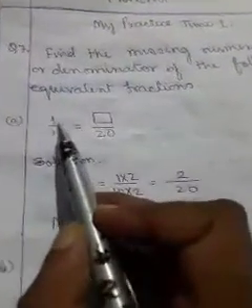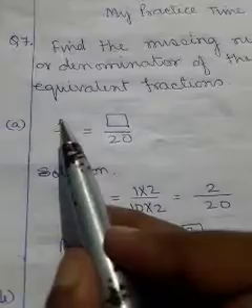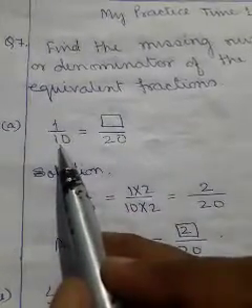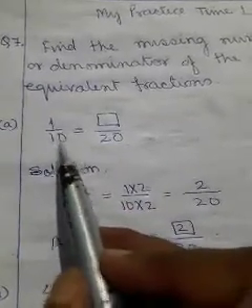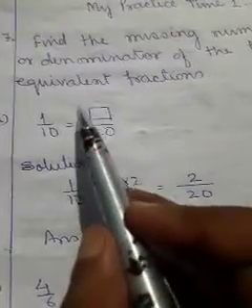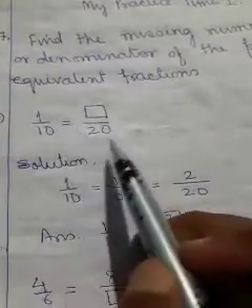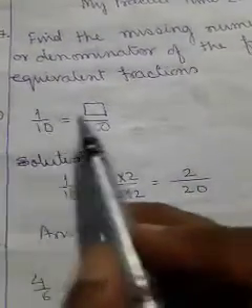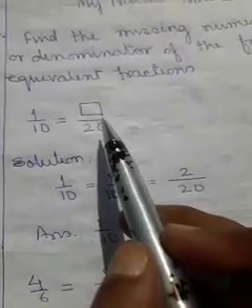Question number A is 1 by 10. Here 1 is the numerator and 10 is the denominator. I have to fill up this box, and whatever number we write here should make an equivalent fraction.